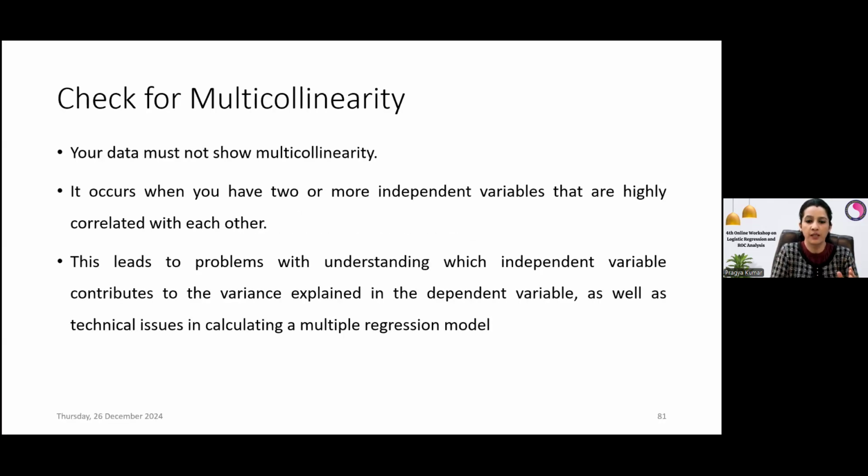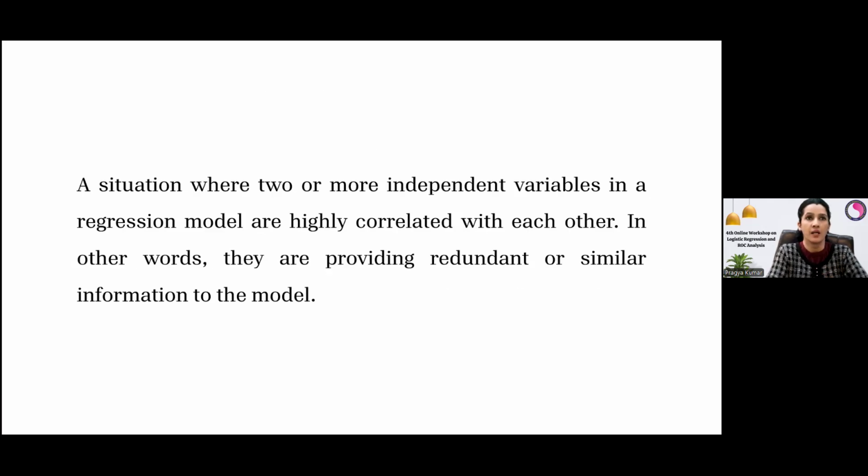Our data should not show multicollinearity, and it occurs when we have two or more independent variables that are highly correlated to each other, and this leads to problems with understanding the independent variables. They provide redundant or very similar information to the model.